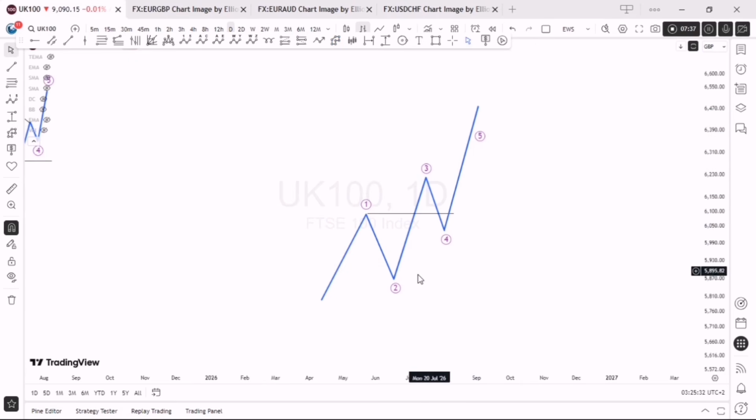So instead of just counting 1, 2, 3, 4, and then you see a move that is this big and you are counting a diagonal, we know that in a contracting diagonal, wave 4 must be smaller than wave 2, and wave 5 must be shorter than wave 3. So if you see a move bigger than wave 3, this is no longer a diagonal.